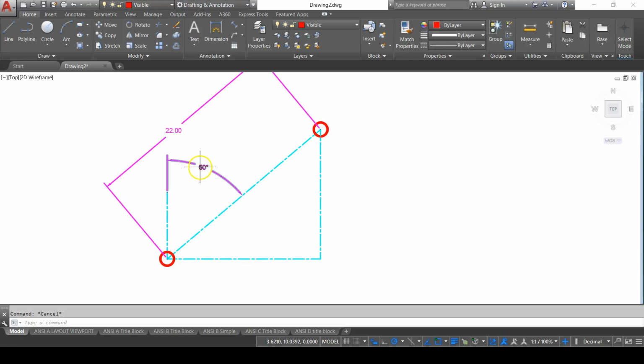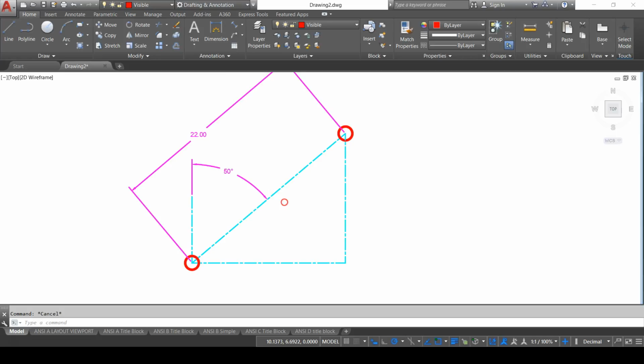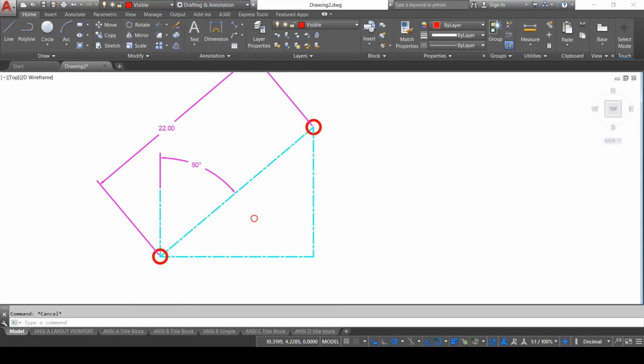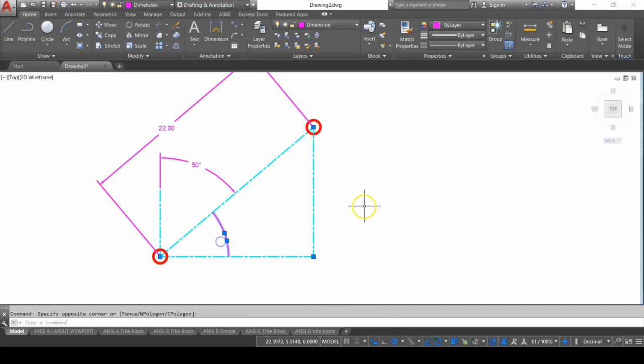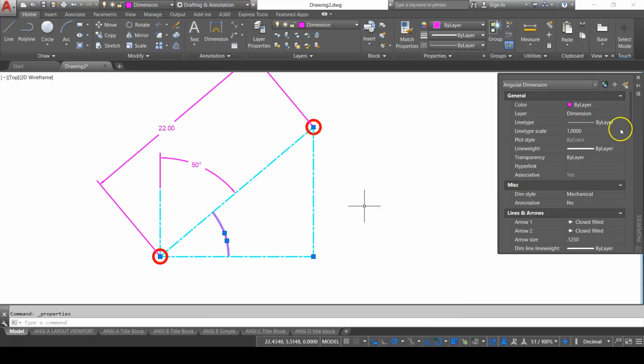So here I needed the 50 degrees to draw my problem. But if I was to use this triangle as the example, I would really want to use this angle right here, which is 40 degrees.